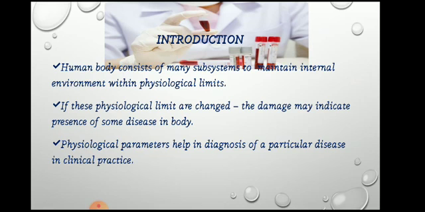So the physiological parameters help in the diagnosis of a specific disease in clinical practice. By conducting various chemical tests we can come to know where the problem is. Chemical tests means different diagnostic parameters or clinical evaluations which are done.